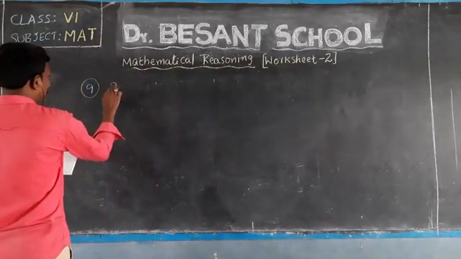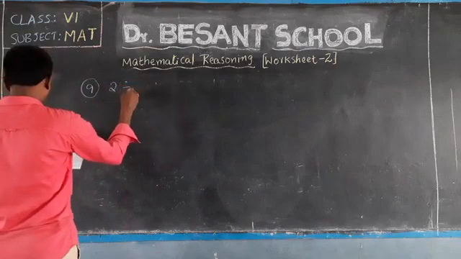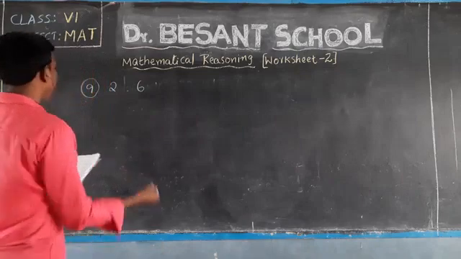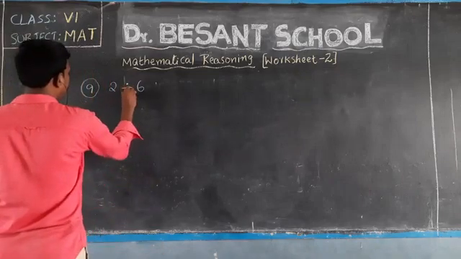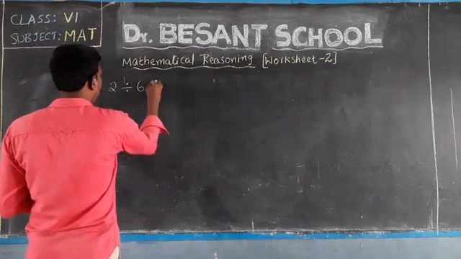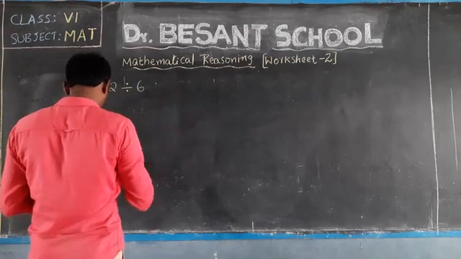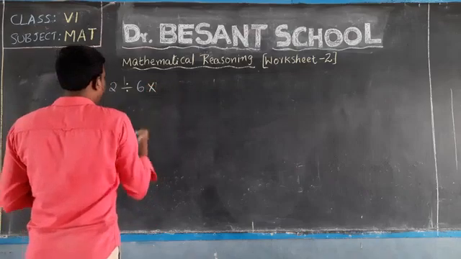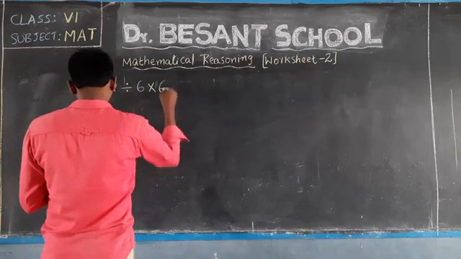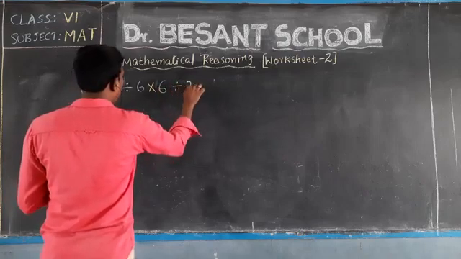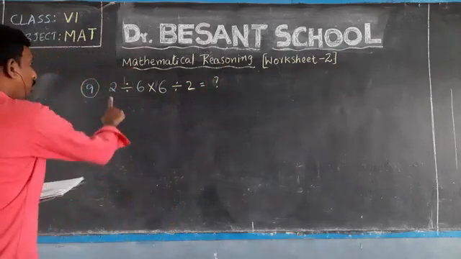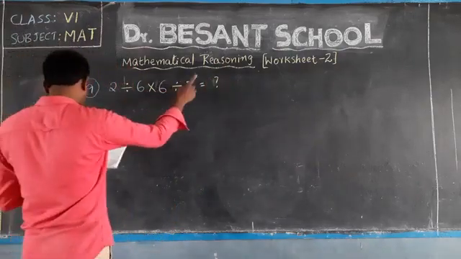I will write the question and then explain about the symbols. 2 divided by 6 into 6 divided by 2 equals question mark.